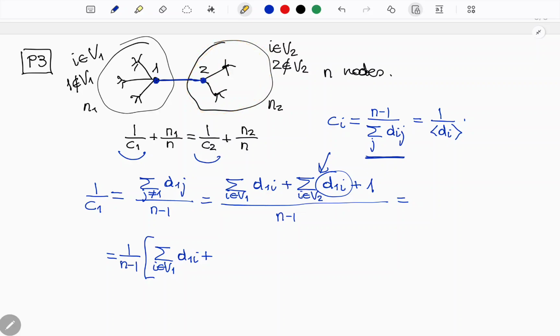Clearly, the distance of every node in V2 to node 1 is going to be the distance to 2 plus the distance from 2 to the others. That's the thing that I'm going to use.